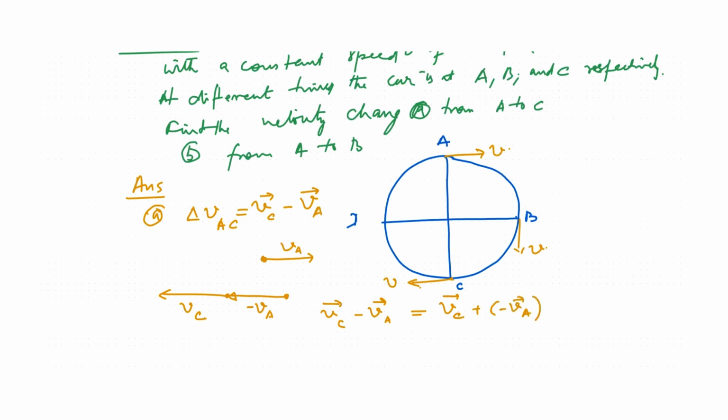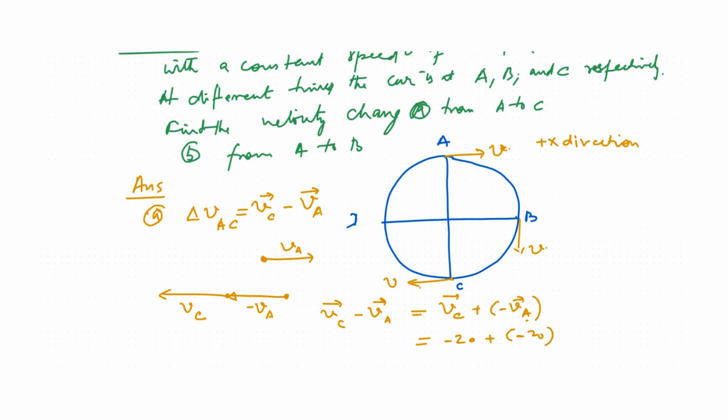Now if I see both, the direction of the two vectors is the same. If I take VA as the positive x direction, obviously the vector at point C has the negative direction. So we would say that the resultant vector is negative 20 plus negative 20.